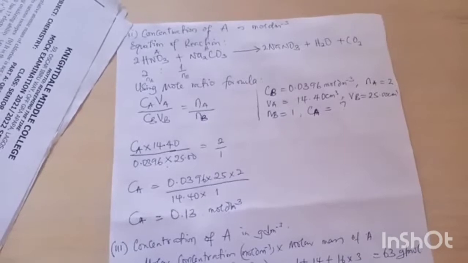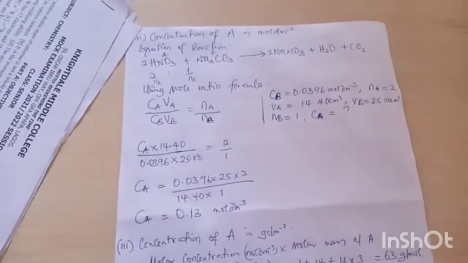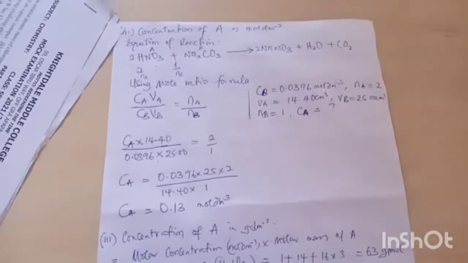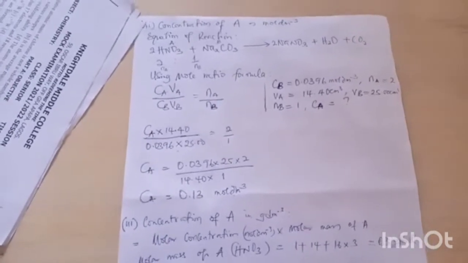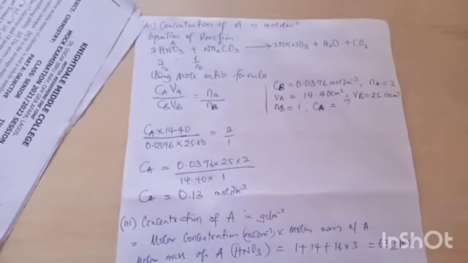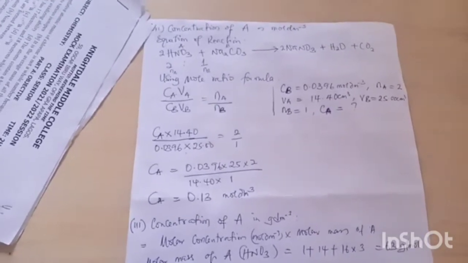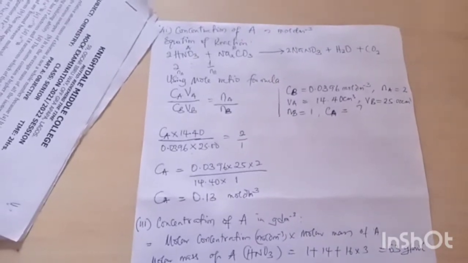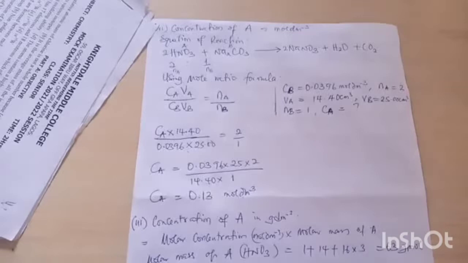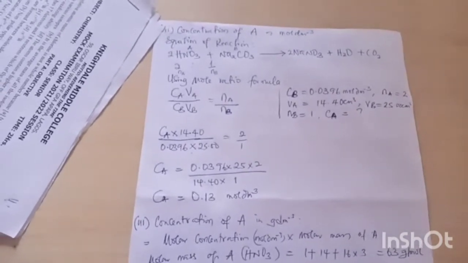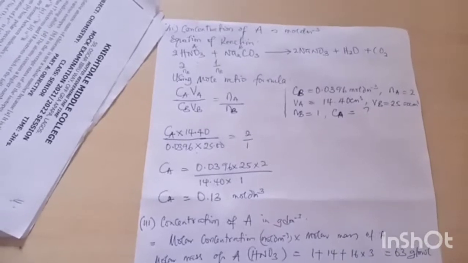So using the mole ratio formula, CAVA over CBVB is equal to NA over NB, we have that our CB is 0.0396 mol/dm³, already obtained. Our NA is 2. Our VA is 14.40 cm³. Our VB is 25.00 cm³, that is the volume of the pipette. Our NB is equal to 1.